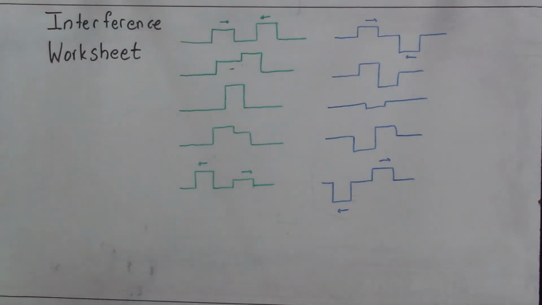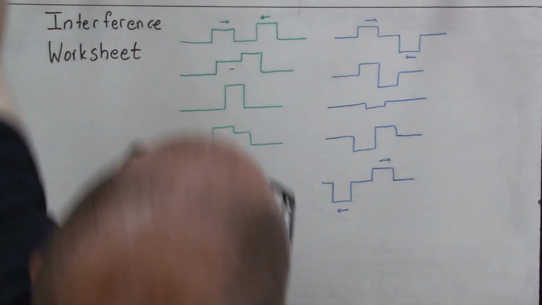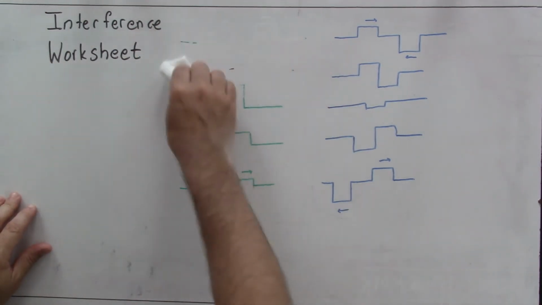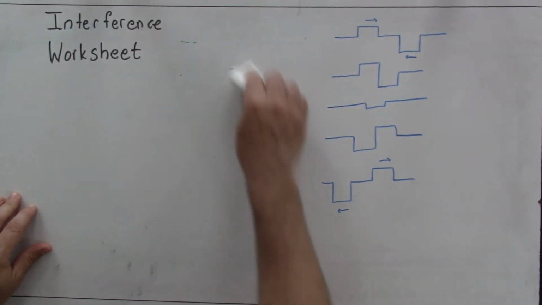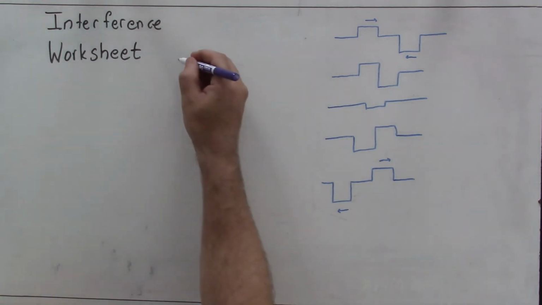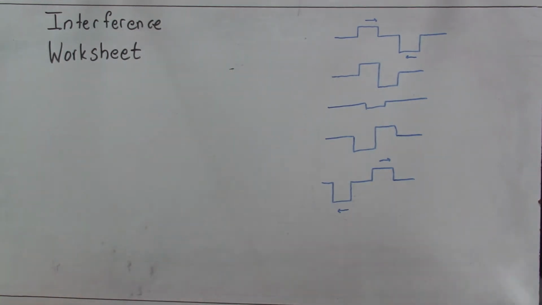All right, let's reset. Let's do the third one. So this one's a little bit different because we have a 2 high coming at a 3 high, which is totally fine. So I'm going to get rid of this too.